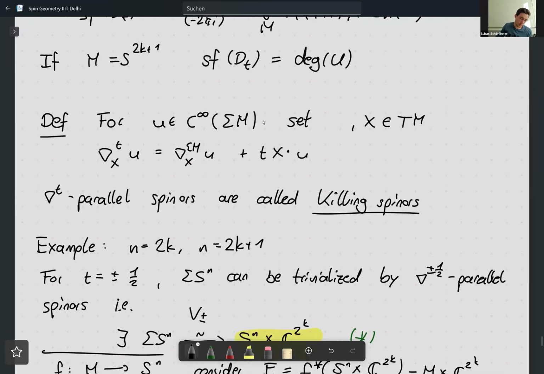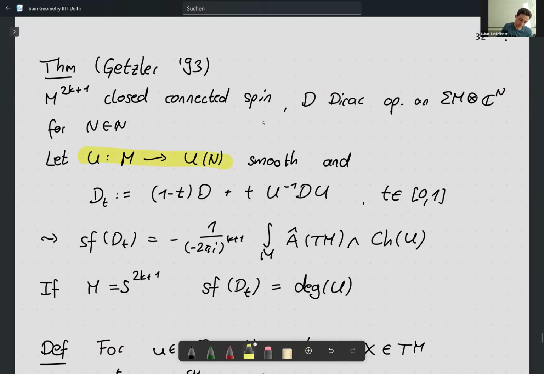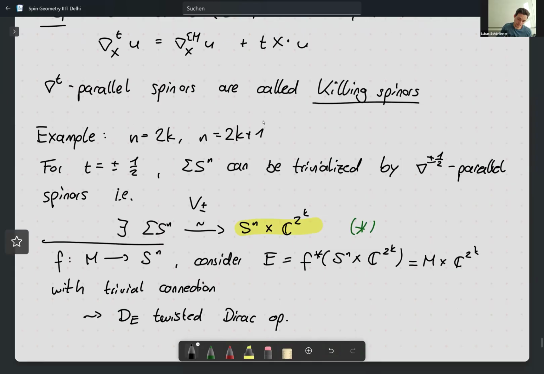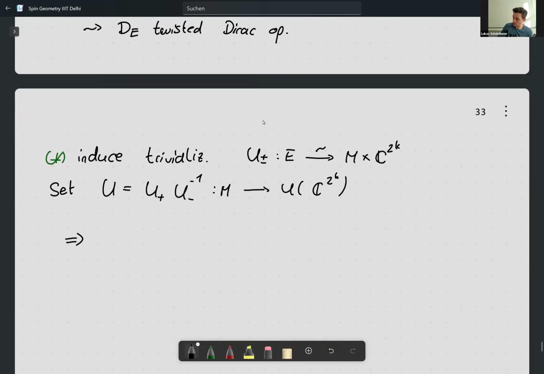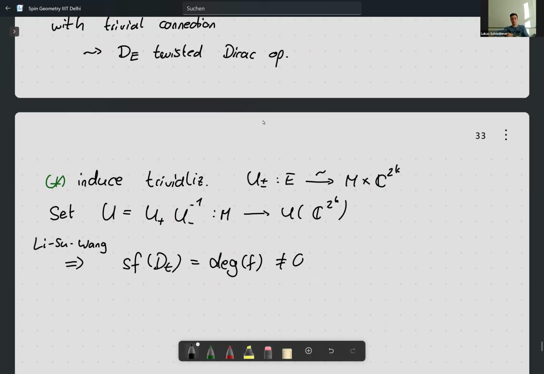So this spectral flow with respect to this family can now be computed, or was computed by Li, Su, and Wang, and says that the spectral flow is actually the degree of f, which was assumed to be non-zero.